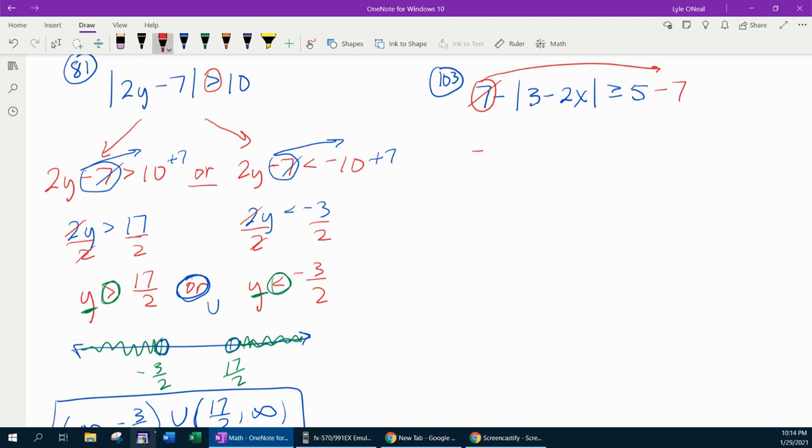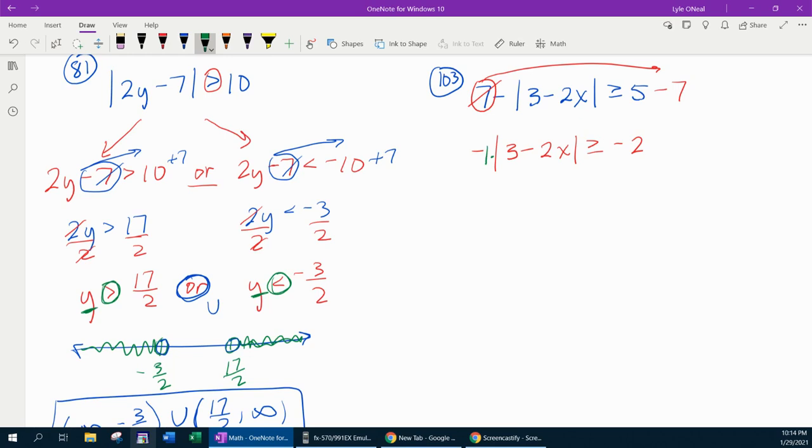That's going to leave me negative absolute value of 3 minus 2x greater than or equal to negative 2. Now I can get rid of the negative. If you think about this, this is really an understood negative 1 coefficient. There's an understood negative 1 being multiplied by this absolute value.